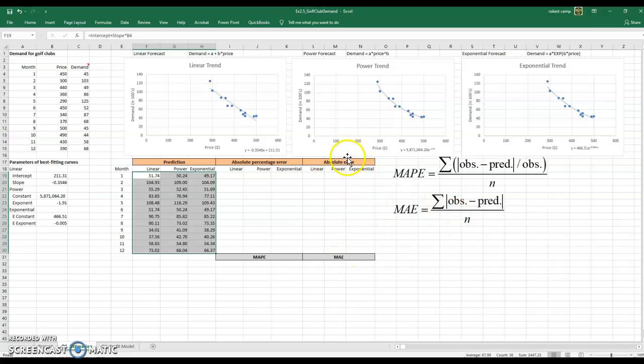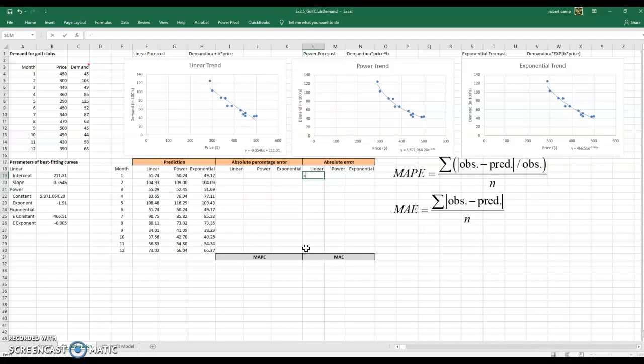We're actually going to do the absolute error first, because you can see that's part of this here, and then I can use that for the absolute percentage error. Now, Excel makes this pretty easy, but we are going to calculate the absolute error of each one first, and then take all of them and average them together to give us the mean absolute error.